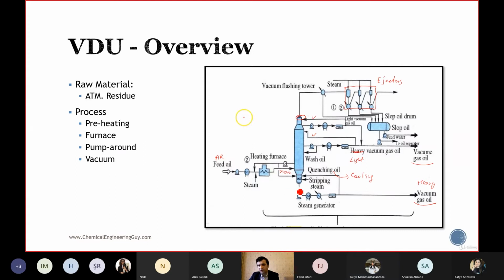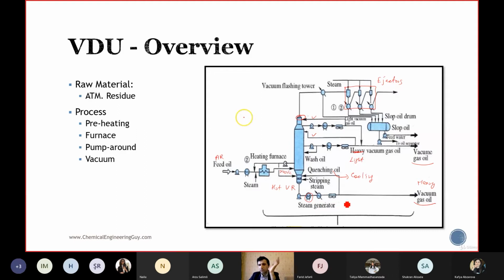So you see that we have the hot vacuum residue, and we have a pump, we have a heat exchanger or steam generator. So the heat is given from VR to water to create the steam. And we have the water cooler, and then we have an air cooler.